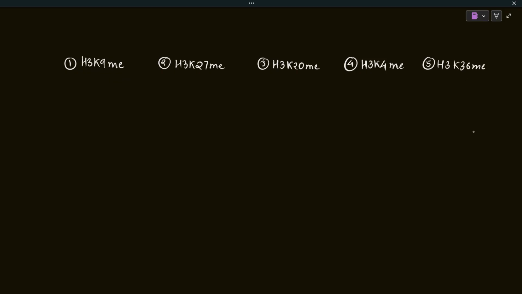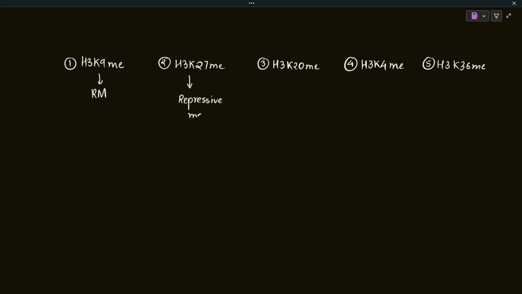So we are going to learn about all those in detail. H3K9 methylation is a repressive mark. We have already learned that. Just like H3K9 methylation, H3K27 methylation is also a repressive mark.